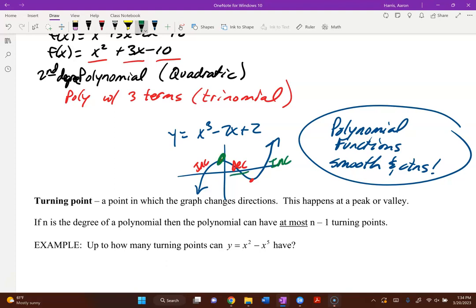So I have 2 turning points right there. Does that make sense? So a polynomial function will have at most n minus 1 turning points. So if it's a third degree, it will have at most 3 minus 1, 2 turning points. If it's a 7th degree, it will have at most 7 minus 1, 6 turning points, and so on, right? So it has at most that many turning points.